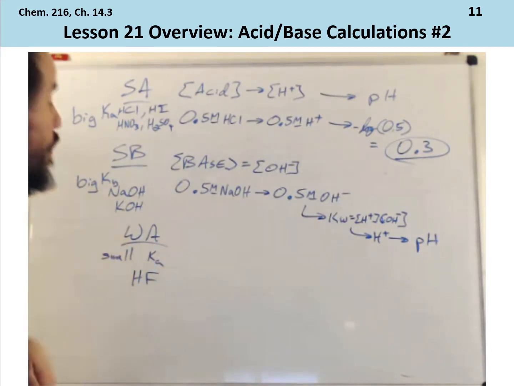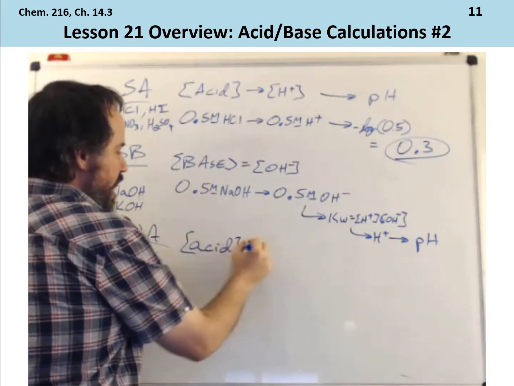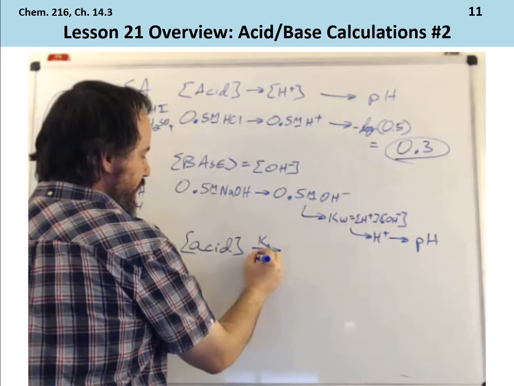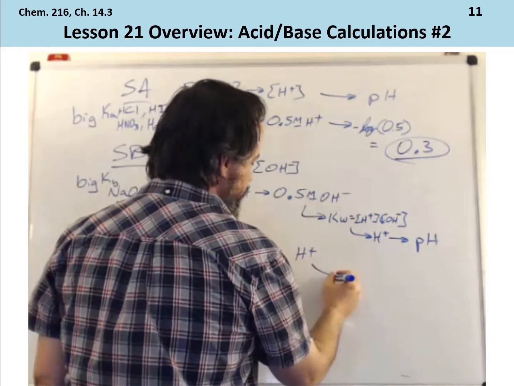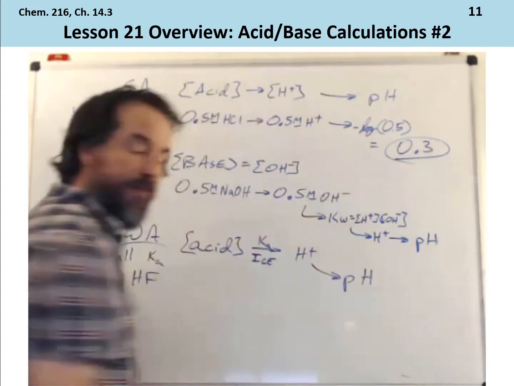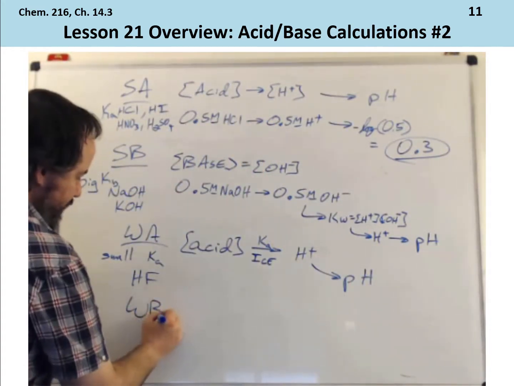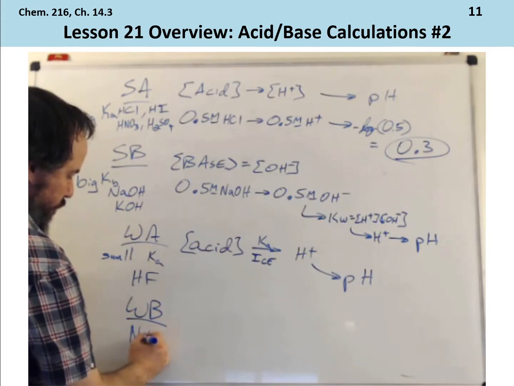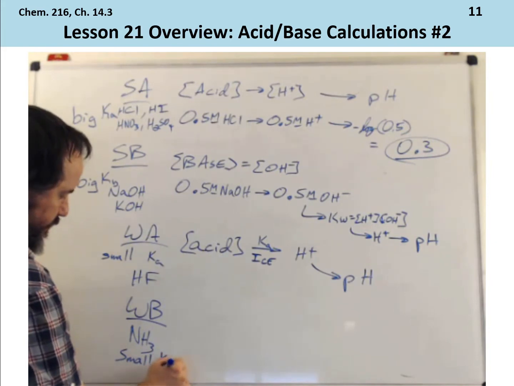If I have my acid concentration, I'm going to have to use my Ka in an ice chart to figure out my H plus concentration. And then I can just go ahead and find pH. If I have a weak base, such as NH3, this has a small Kb.